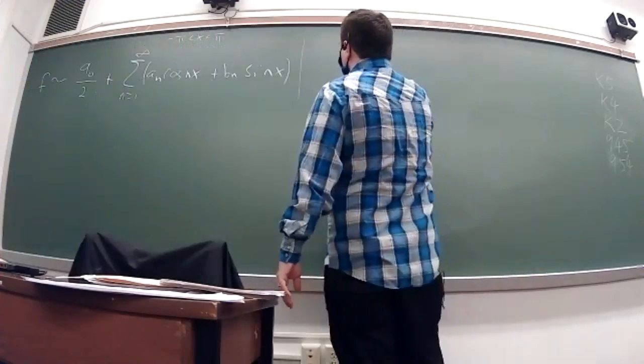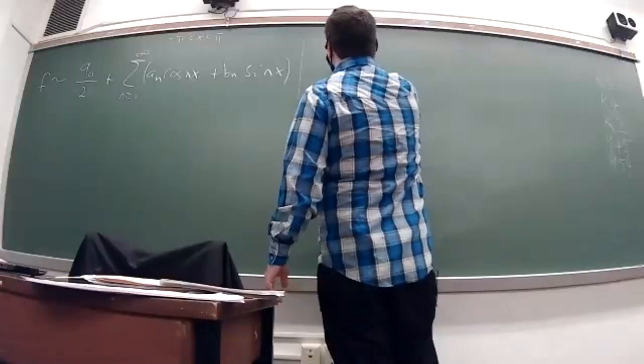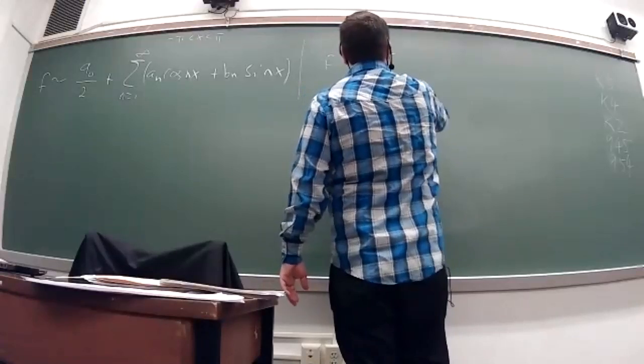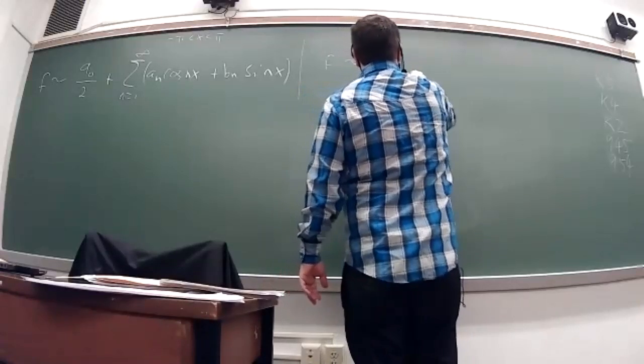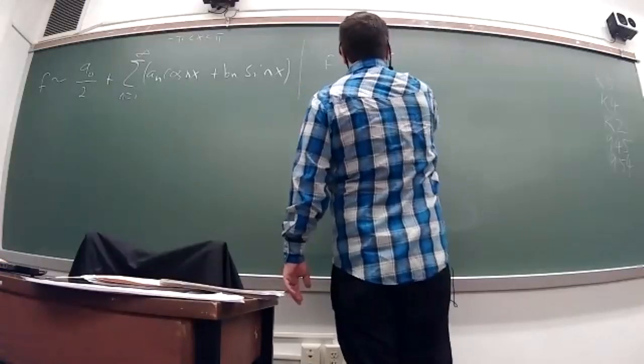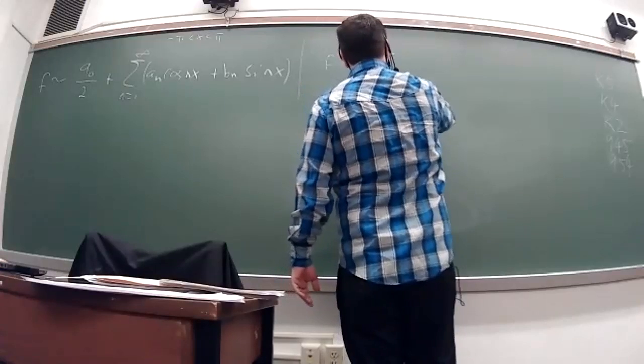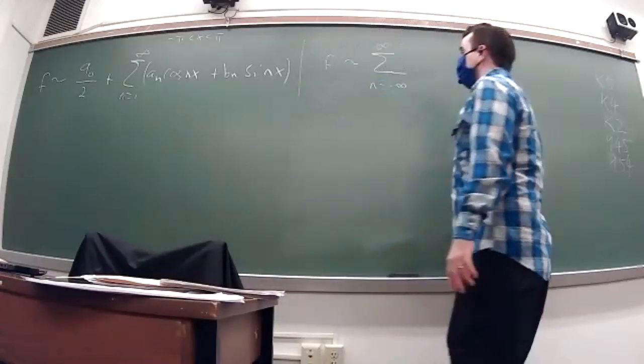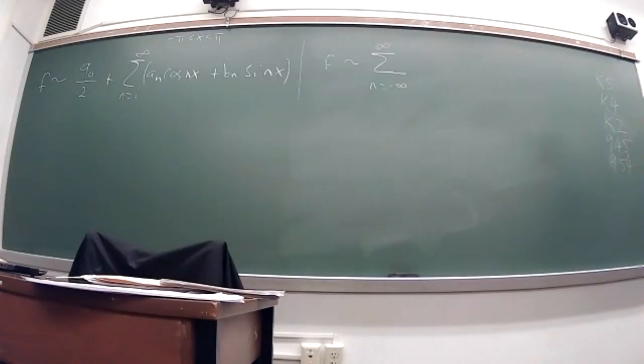I'm going to make a new Fourier series where I take f and write the sum where n goes from negative infinity to infinity, so indexed by the integers instead of the natural numbers.